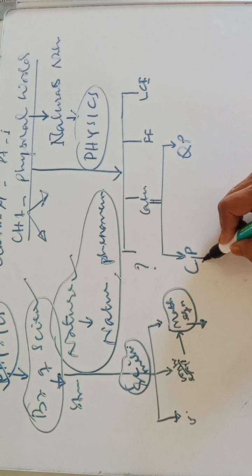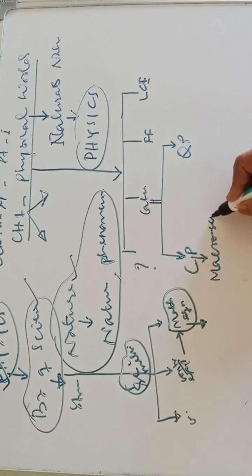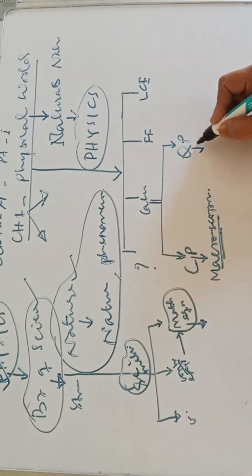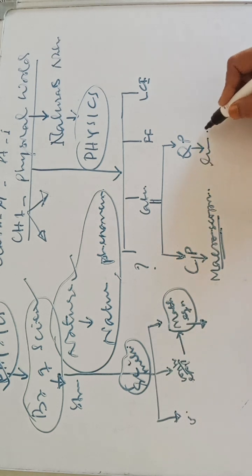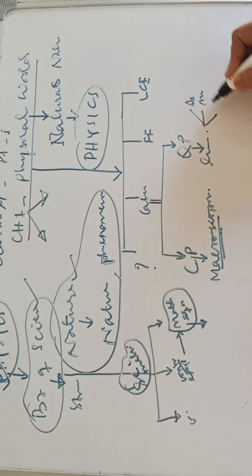Classical physics is the study of macroscopic particles or objects, whereas quantum physics is the study of microscopic objects or particles. It includes atom, molecule, and nuclear phenomena.